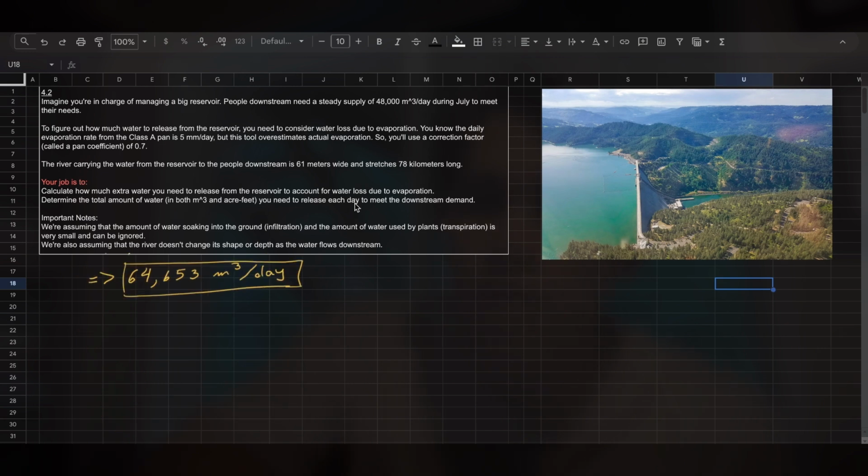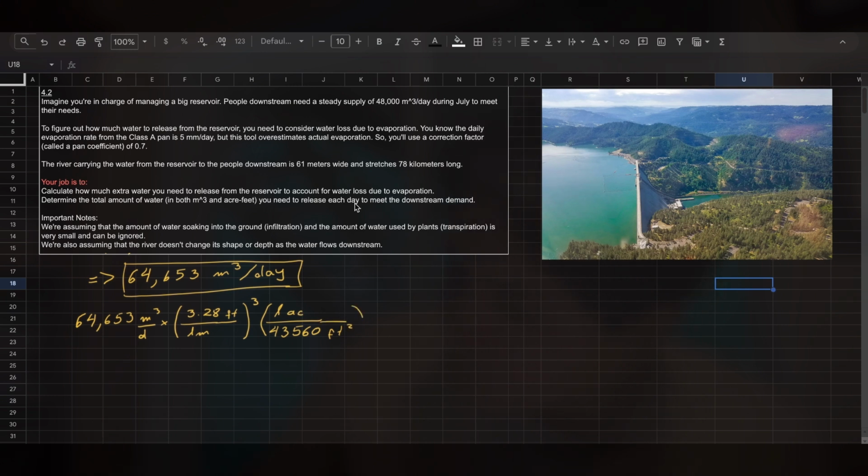Now we need to convert that into acre feet per day. To do that, we're going to use 64,653 cubic meters per day times, we need to cancel the cubic meters. In 1 meter we have 3.28 feet, cubed, and then we need to cancel the feet and make it an acre. So 1 acre is 43,560 square feet.